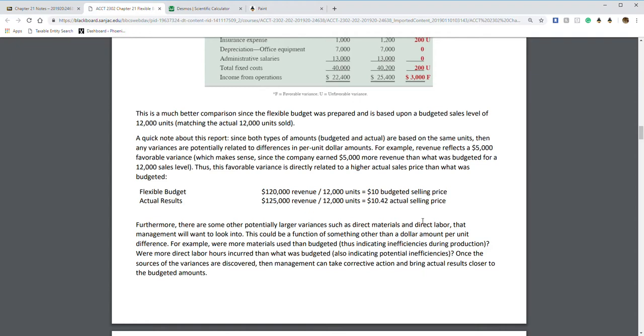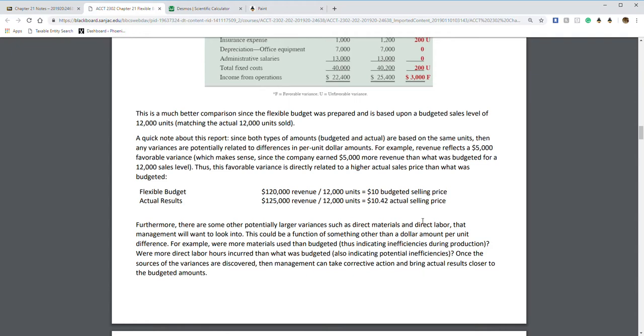One of the questions is how much did we actually sell per unit? Our flexible budget has $10 budgeted, but it seems like we had higher sales than budgeted because we made more money.